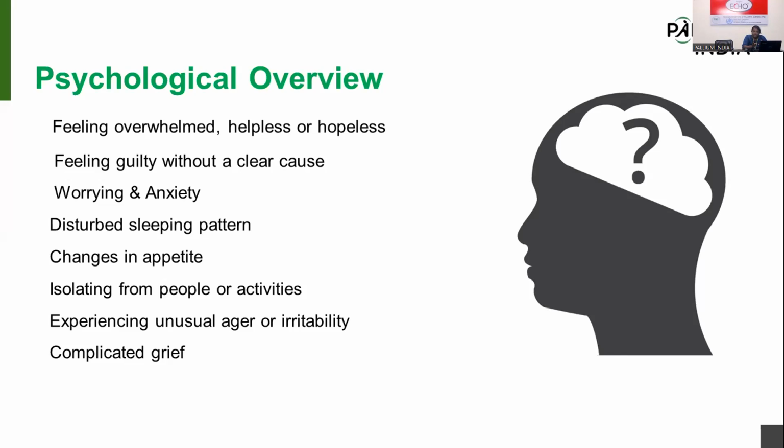But other than that, when we are seeing something complicated, like, as I said, every time they are talking about hopeless things, feeling guilty all the time without a clear cause, worrying and showing anxiety, disturbed sleeping pattern, changes in the appetite, isolating from people or activities, or experiencing unusual anger or irritability toward the family members or whoever is communicating with them, and every time they are crying, or not able to talk with anyone.